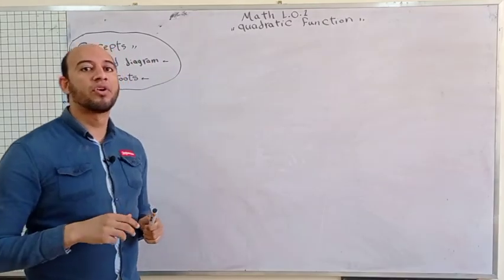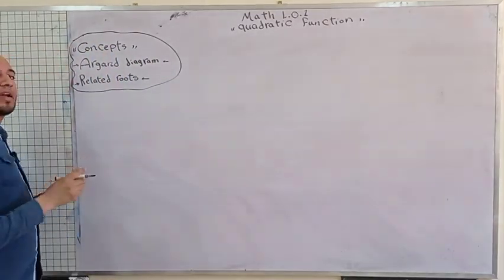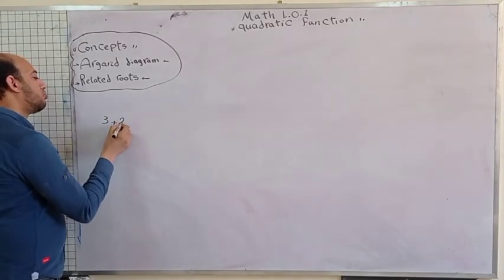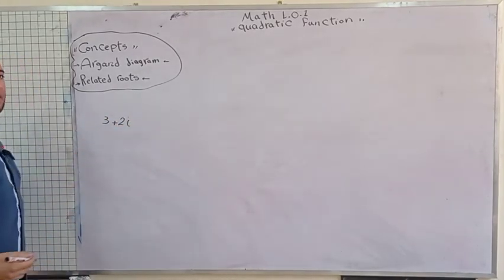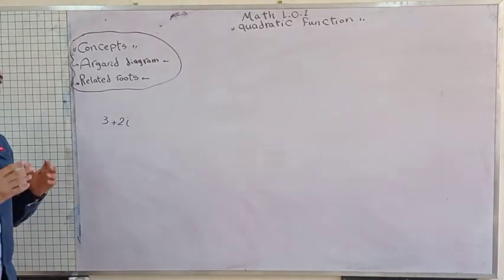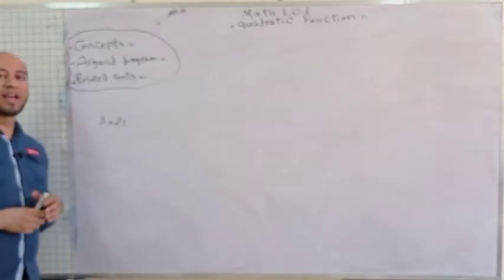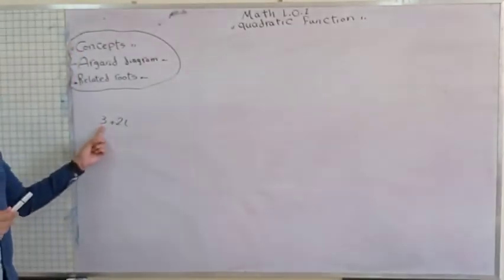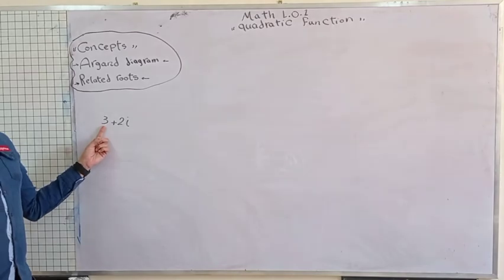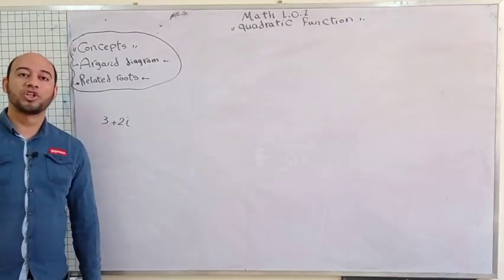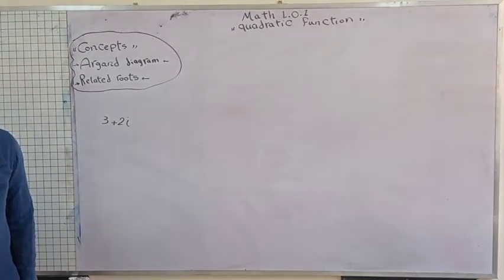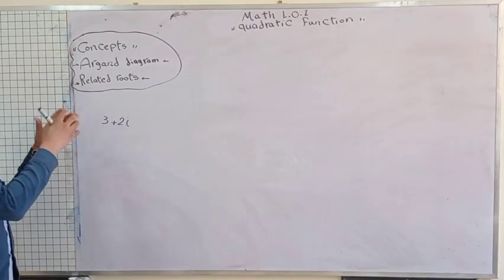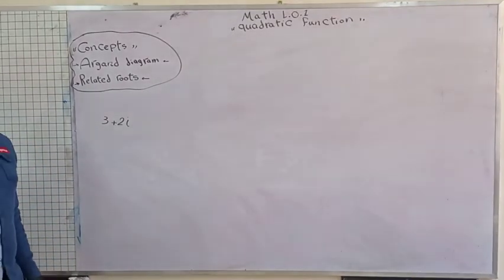How can we write a complex number? I will write a complex number: 3 plus 2i. This is a complex number. We have explained that the complex number consists of 2 parts: the real part, which equals 3 here, and the imaginary part, which equals 2i. This form is called algebraic form.